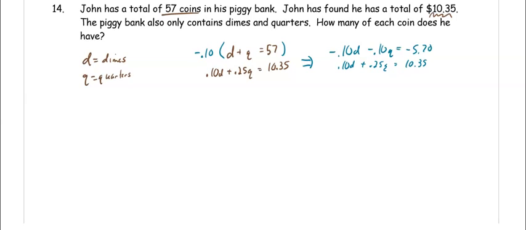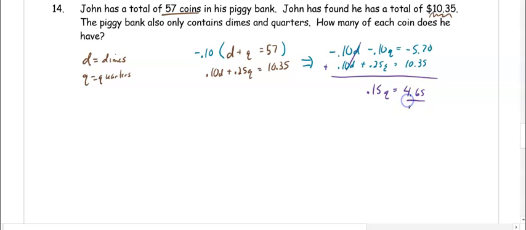When we add our equations straight down, the D's are going to cancel out. We're left with 0.15Q is equal to 4.65. When we divide by 0.15, we get that Q is 31.